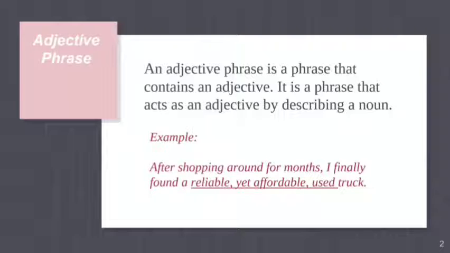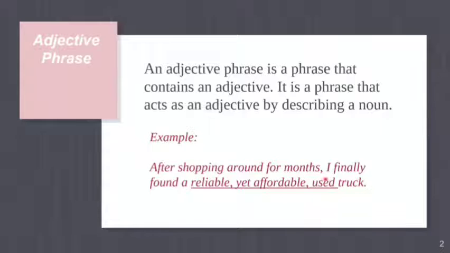After shopping around for 4 months, I finally found a reliable yet affordable used truck. So you need to identify first the noun. The nouns here are the speaker and the truck. If you examine the whole sentence, it's all about the truck. So you need to identify which words modify the truck.